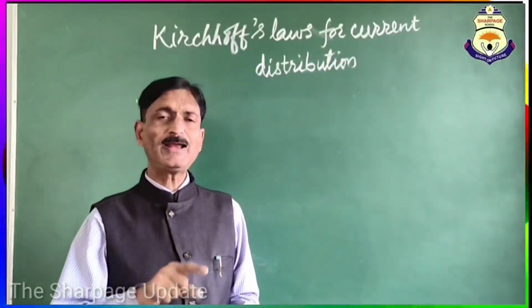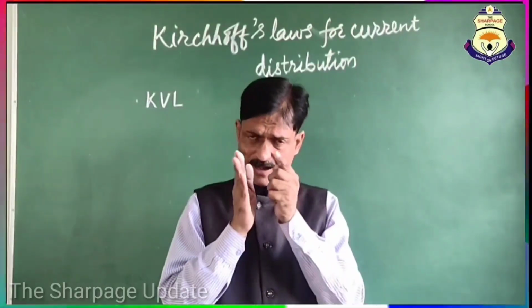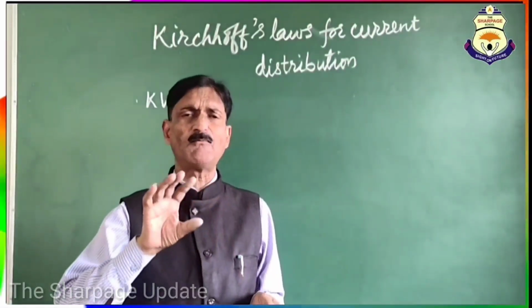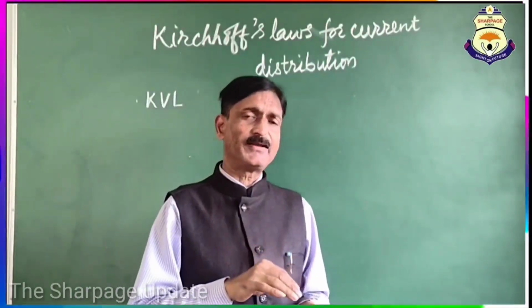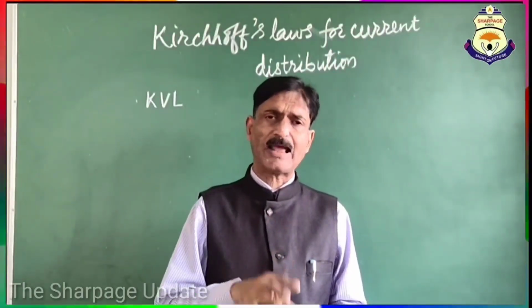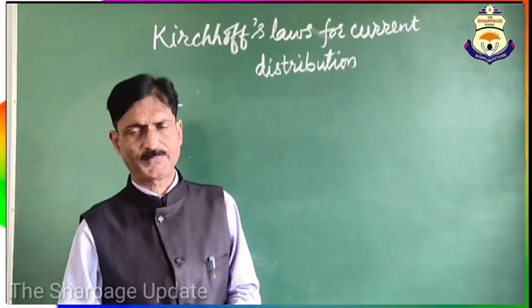It means that in going around an electrical circuit, if the negative electrode comes first, the electromotive force is taken as negative, and if the positive terminal comes first, the EMF is taken as positive.